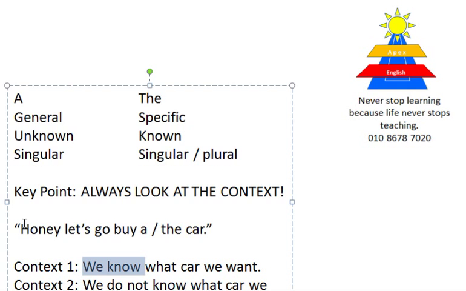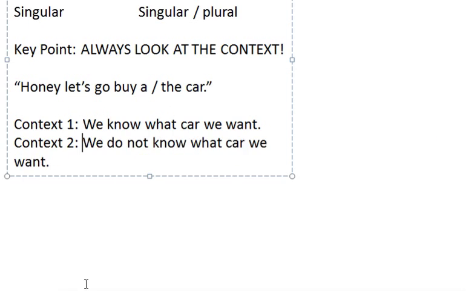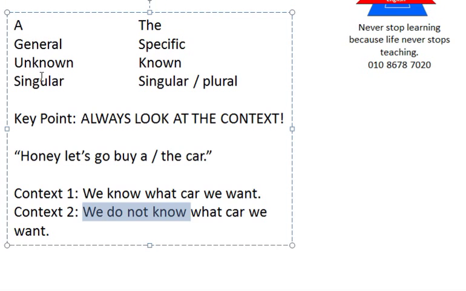Now let's look at the same sentence, but just with a different context. In this case, let's say that we do not know what car we want to buy. Because we haven't made a decision yet, it means that not all of the information in this context is known.